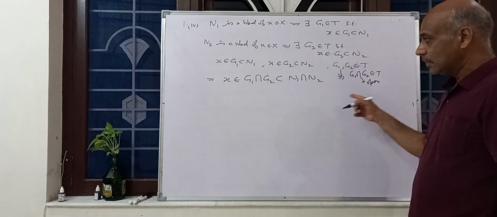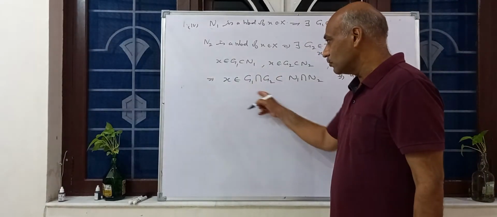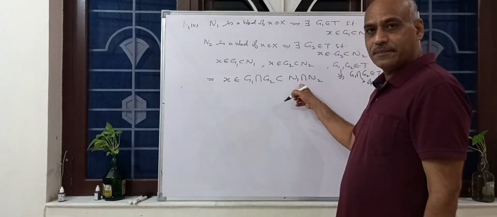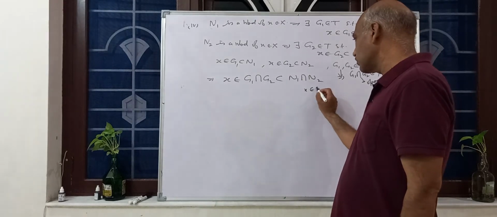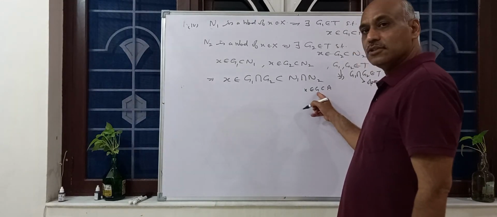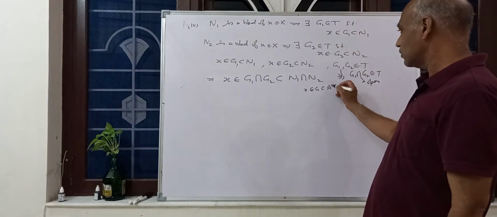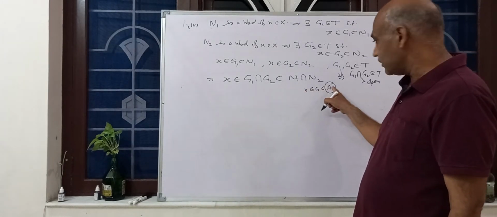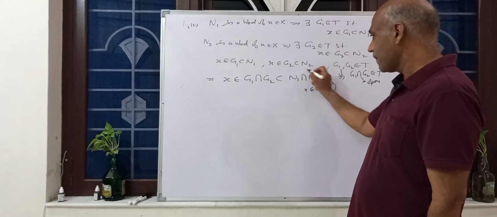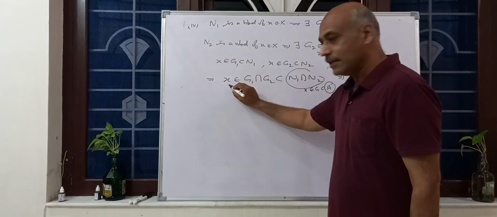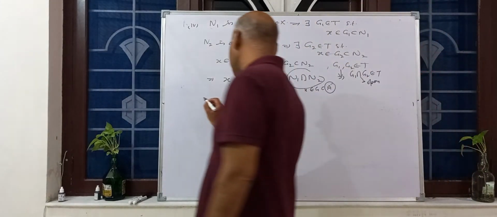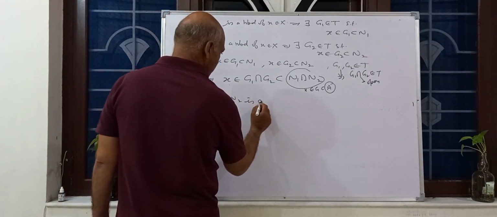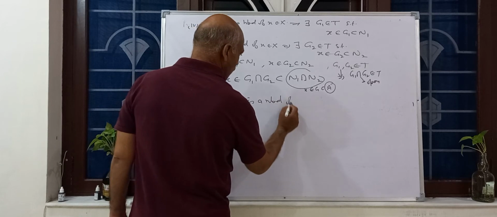So x belongs to G subset of A with G open. So A is a neighborhood of x. What is A? This one. It means N1 intersection N2 is a neighborhood of x.